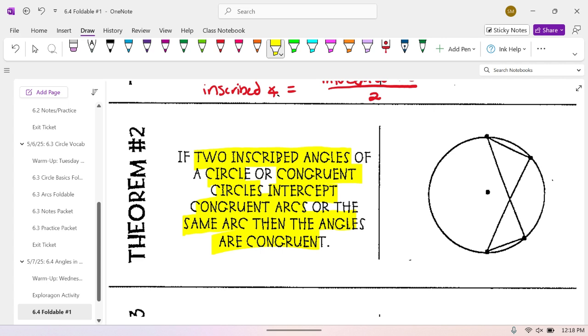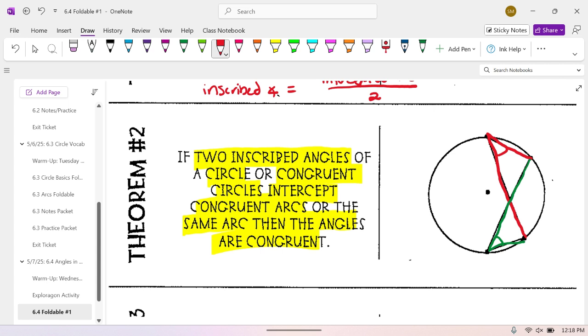Essentially it's saying that if we have two inscribed angles, my inscribed angles would be right here and right here. Those two are my inscribed angles. So again, it's here and here. What's so special about those two angles?